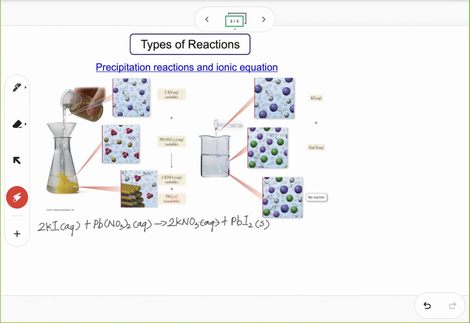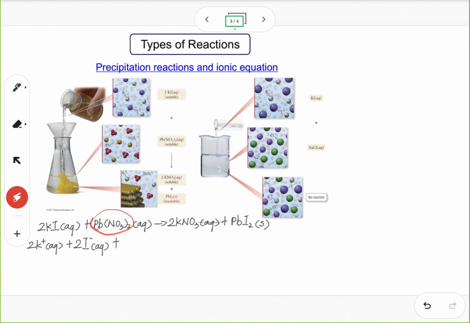The 2 equivalents of potassium iodide will give you 2 potassium cations in aqueous solution and 2 iodide anions in aqueous solution. So these are the 2 ions from the first reactant.